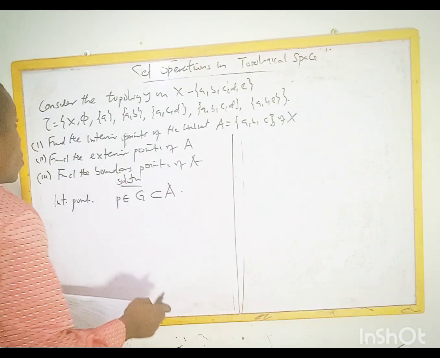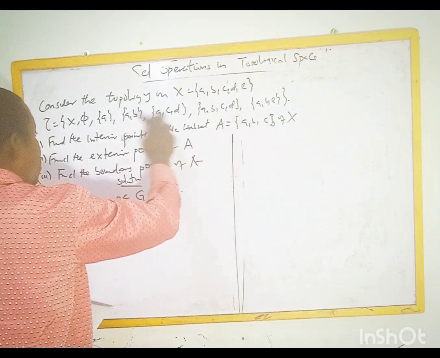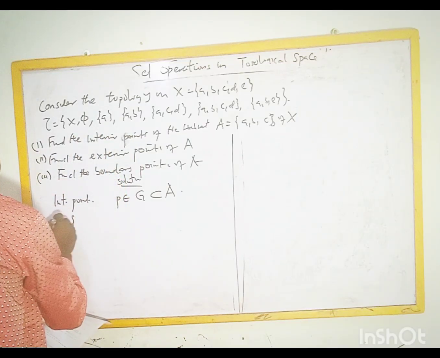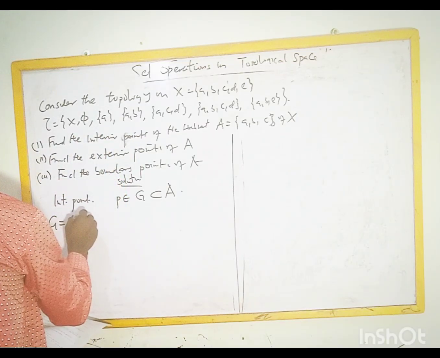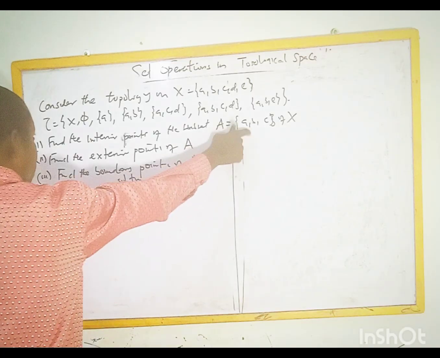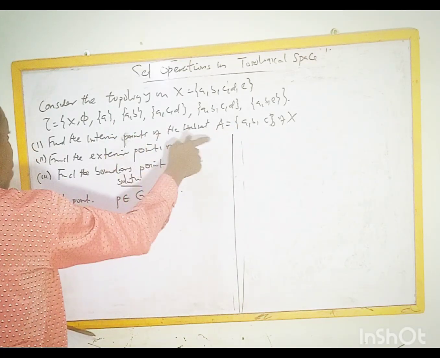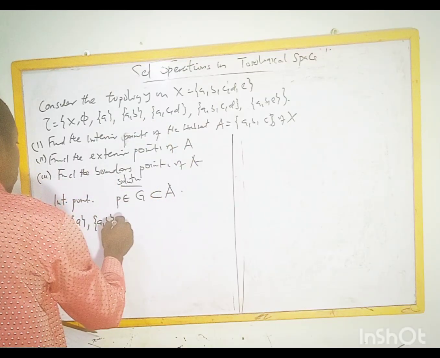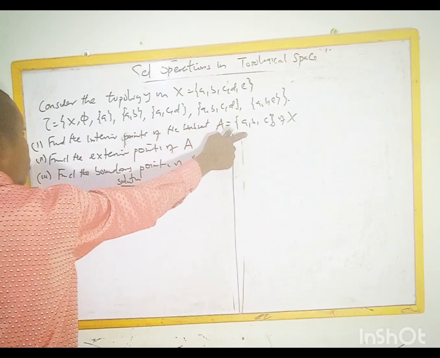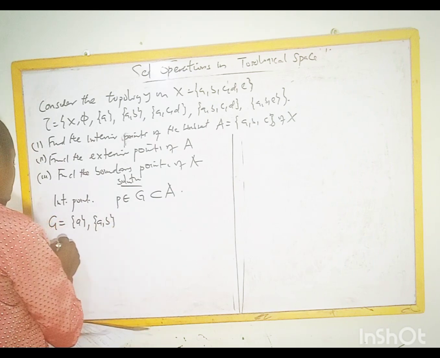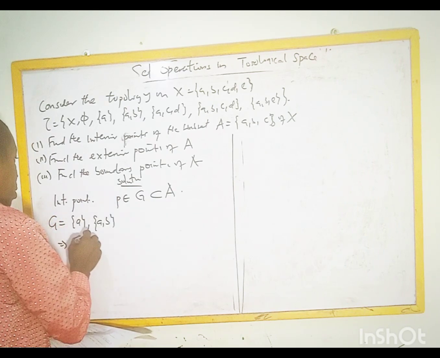Let's check it out. What are those things that are subsets of this A now? We have A. We have open sets G. We have A is also contained here. We have AB, it's also contained there. We have ACD. Is ACD contained here? No. So we only have these two sets.